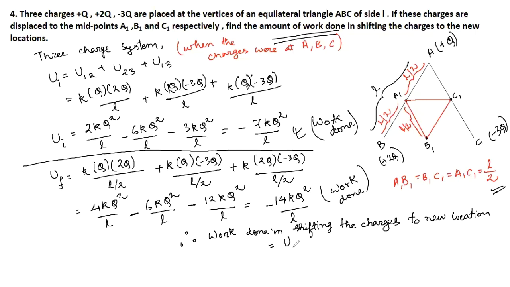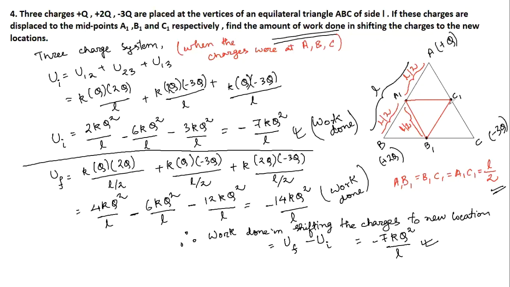That is why you subtract the initial potential energy from the final potential energy, and you get something like minus 7K Q square by L. So this much amount of work is required to bring the charges, that means plus Q, 2Q, minus 3Q, from the points A, B, and C to the points A1, B1, and C1.